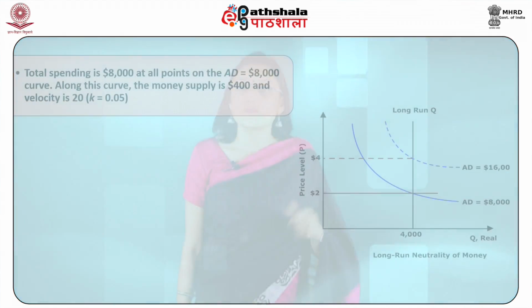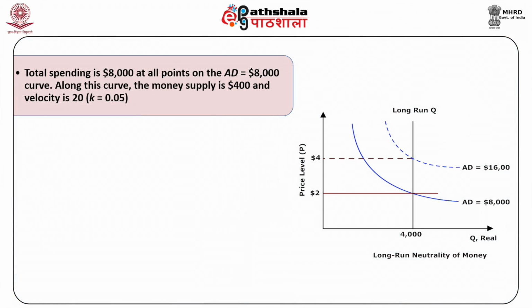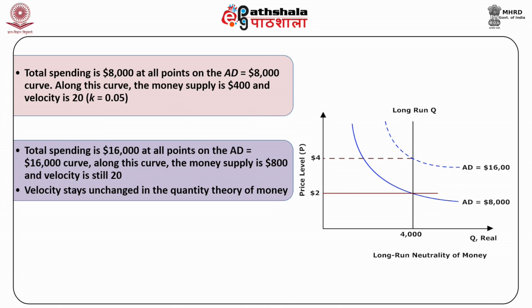Points to note about this figure are: first, total spending is $8,000 at all points on the AD = $8,000 curve. Along this curve, the money supply is $400 and velocity is 20, that is K = 0.05. Second, total spending is $16,000 at all points on the AD = $16,000 curve.